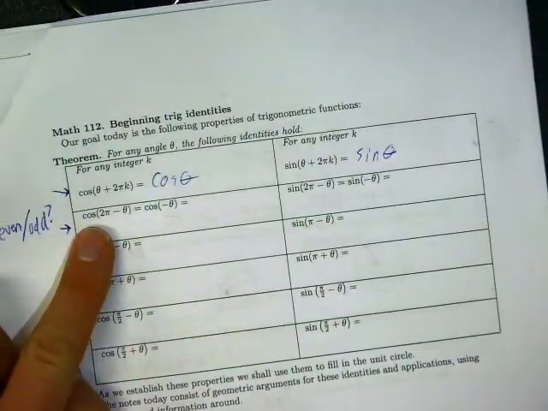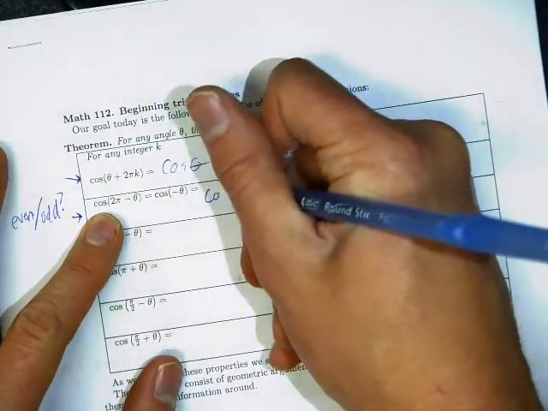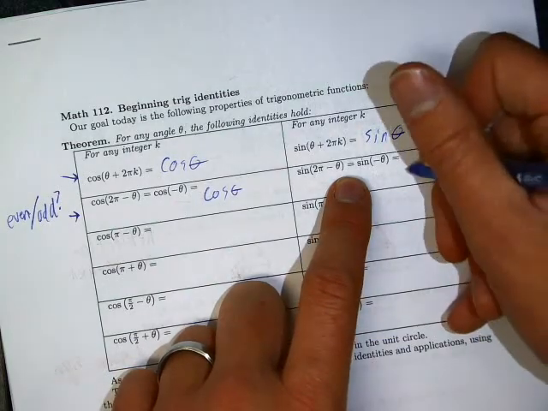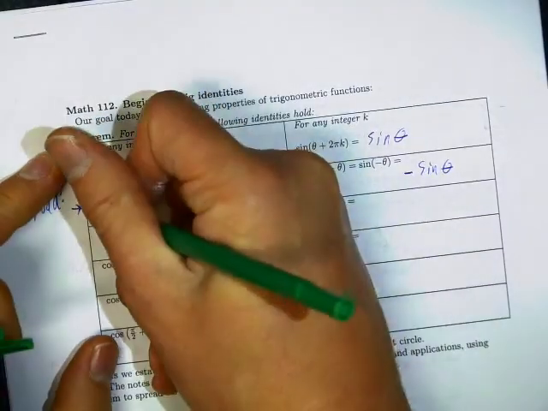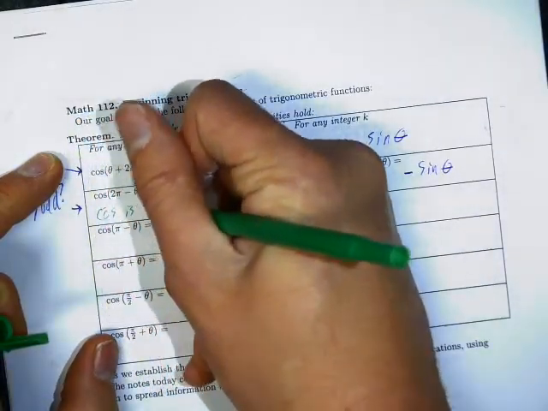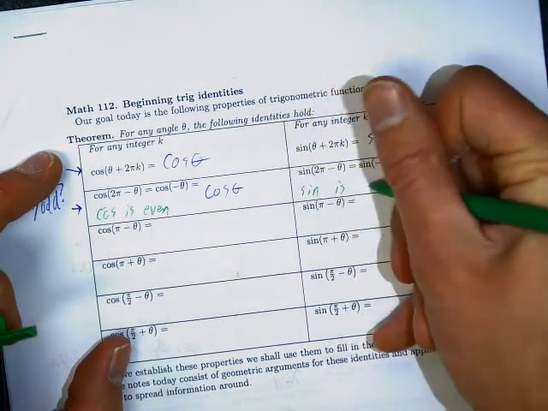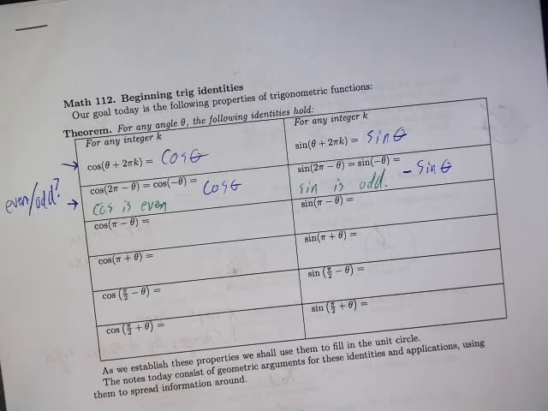So here's the second of these. Cosine of 2 pi minus theta is the same thing as cosine of negative theta, is cosine theta. Sine of 2 pi minus theta is the same as sine of negative theta, is the same thing as negative sine theta. So cosine is even, sine is odd. Nice.